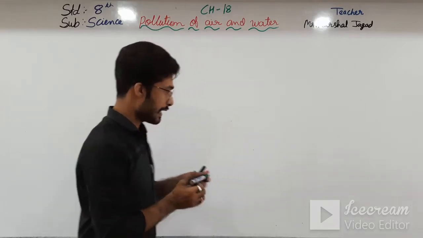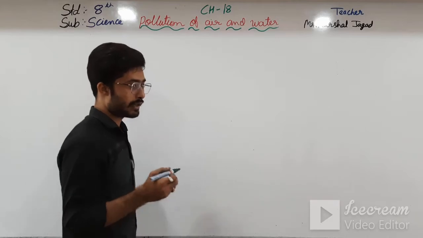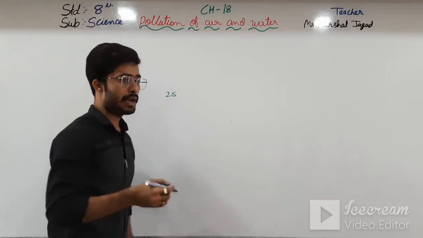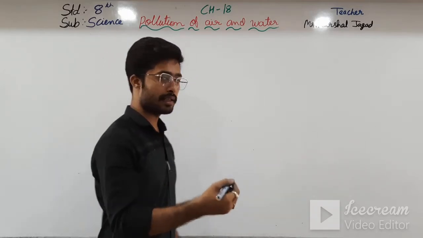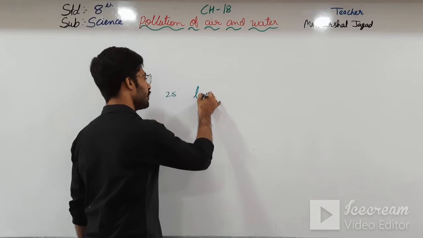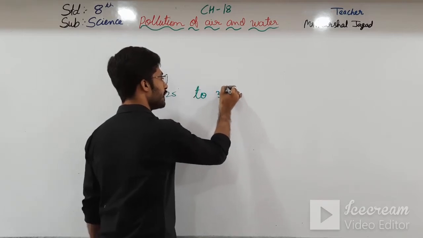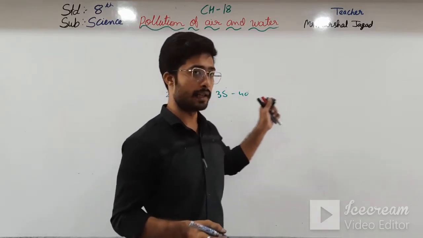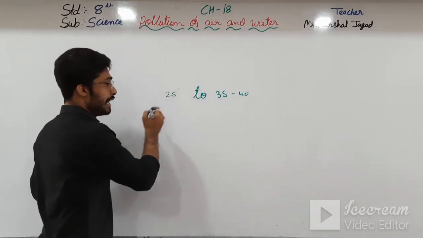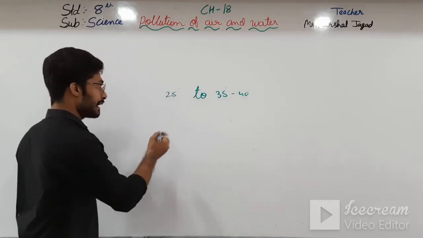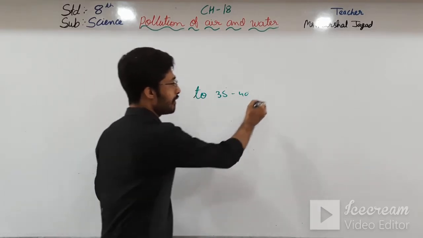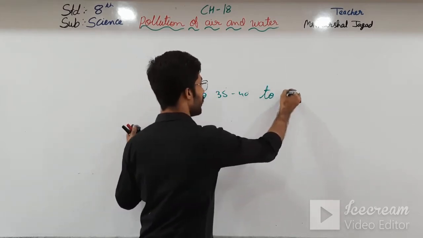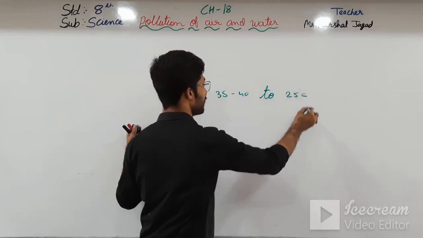We all know that in early morning our temperature is near about 25 degree Celsius, and as the day increases it will go maximum to 35 to 40 degree, and in summer up to 45 degree. Okay students, and in some areas, at night it slowly decreases and goes back to 25 degree Celsius.